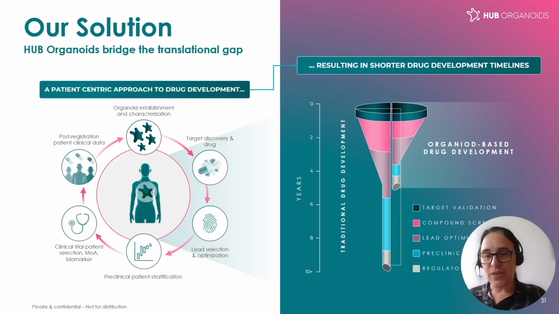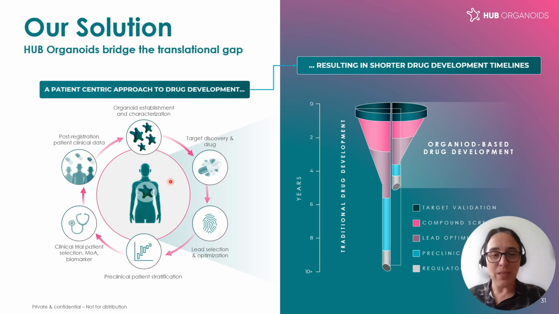So with this, I will finalize my presentation just to bring this idea that we believe that by bringing patient-derived organoids, we are having a more patient-centric solution to do drug development.